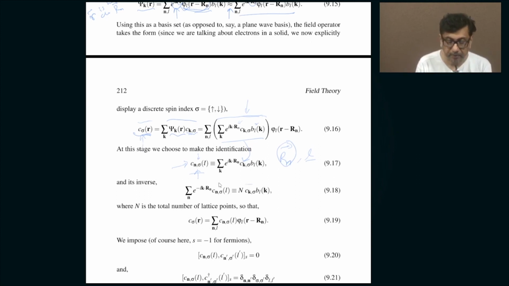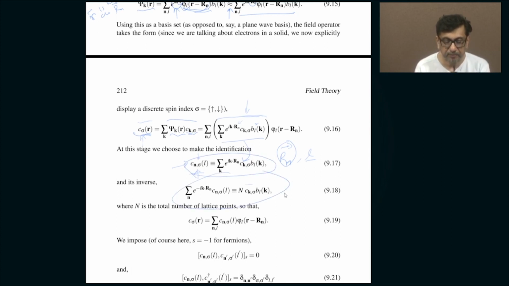I will simply invert this relation. You see, any transform has no value unless I know how to invert it also. Inversion is extremely critical. No transform is useful unless you know how to invert. The claim is that the way to invert this transform is to do this.